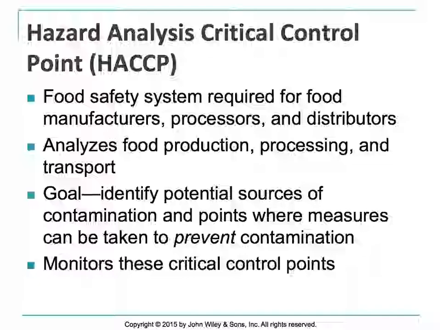So the food safety system requires this system for food manufacturers, processors, and distributors. It analyzes food production, processing, and transport, and the goal of a HACCP plan is to identify potential sources of contamination and points where measures can be taken to prevent contamination. This includes ongoing monitoring of those critical control points.